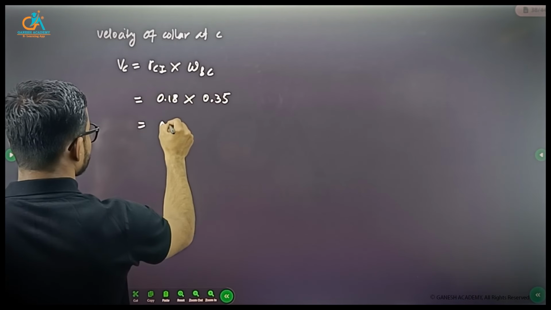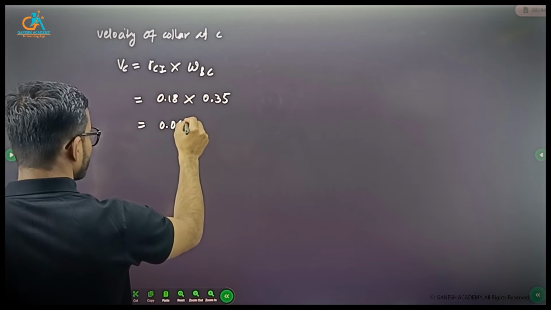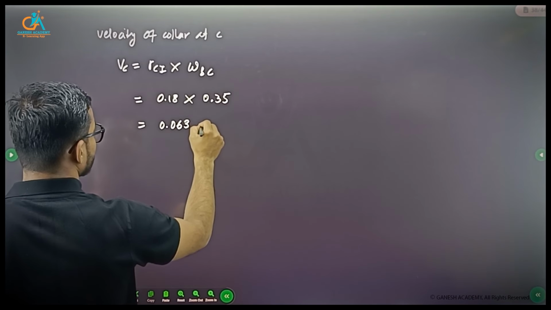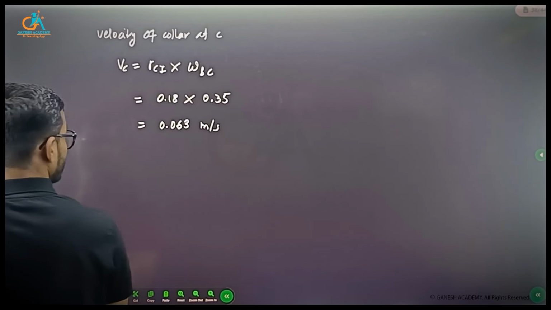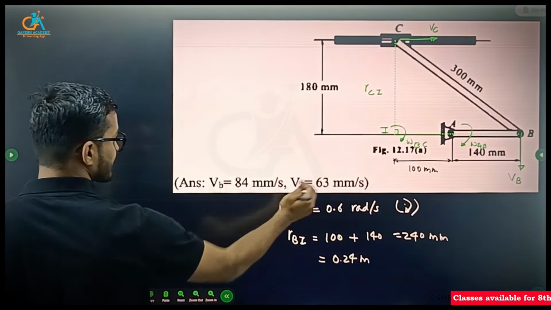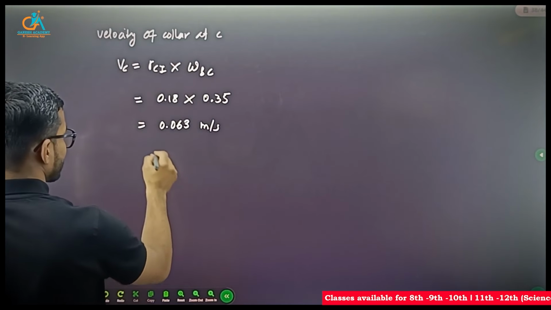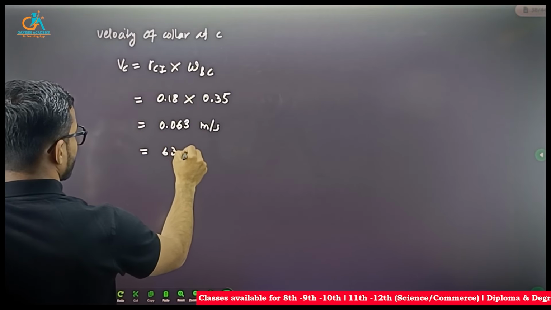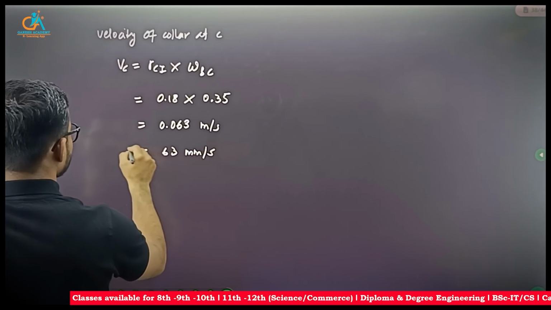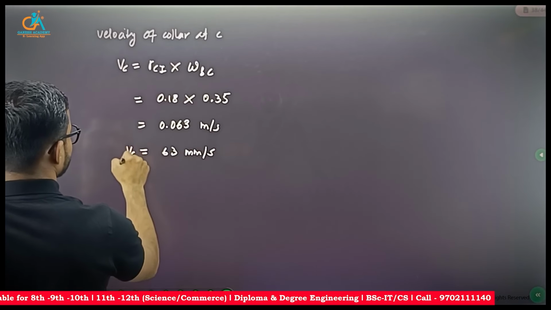So it is 0.063 meter per second, which is 63 mm per second.